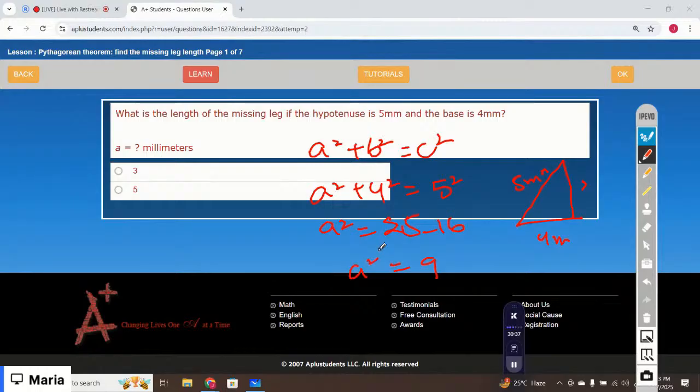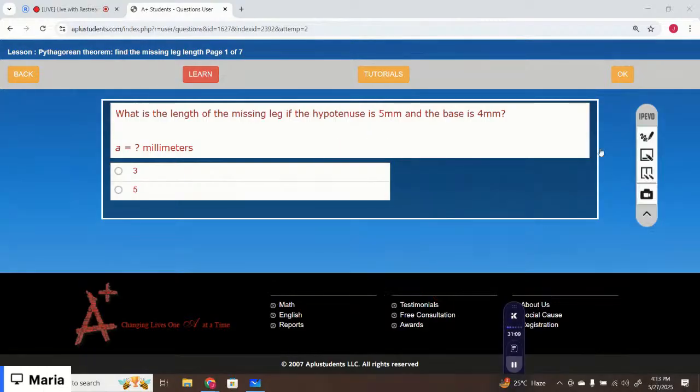So A equals 3. Option number 1 is the correct option.